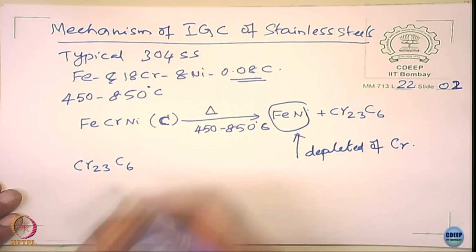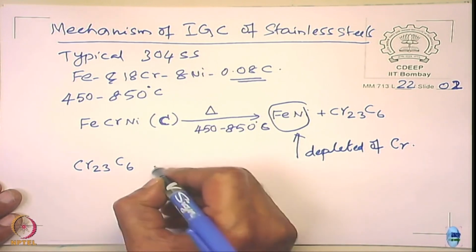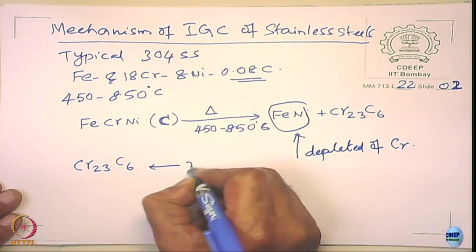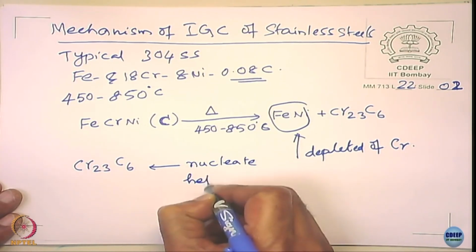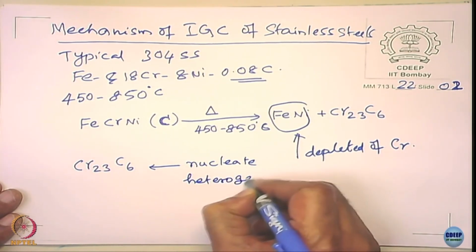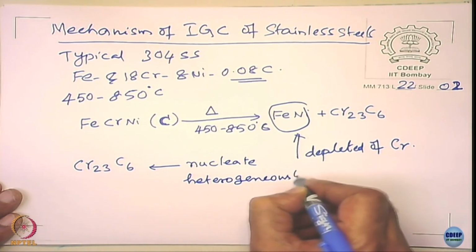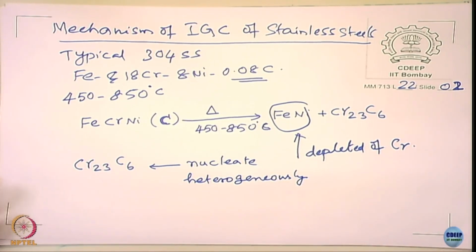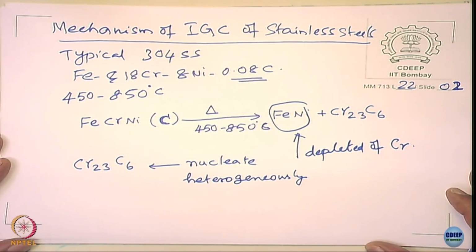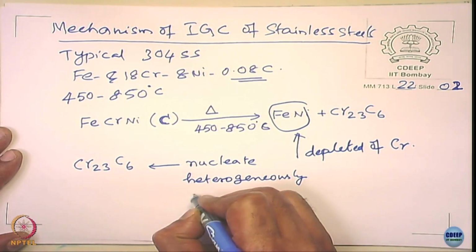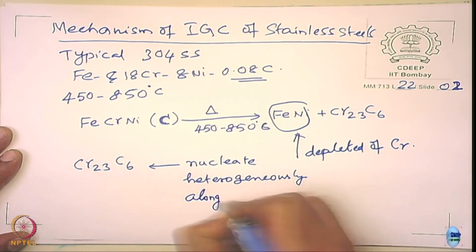So these carbides nucleate heterogeneously, because nucleation is the most difficult step in a phase transformation, and they nucleate along the grain boundaries.